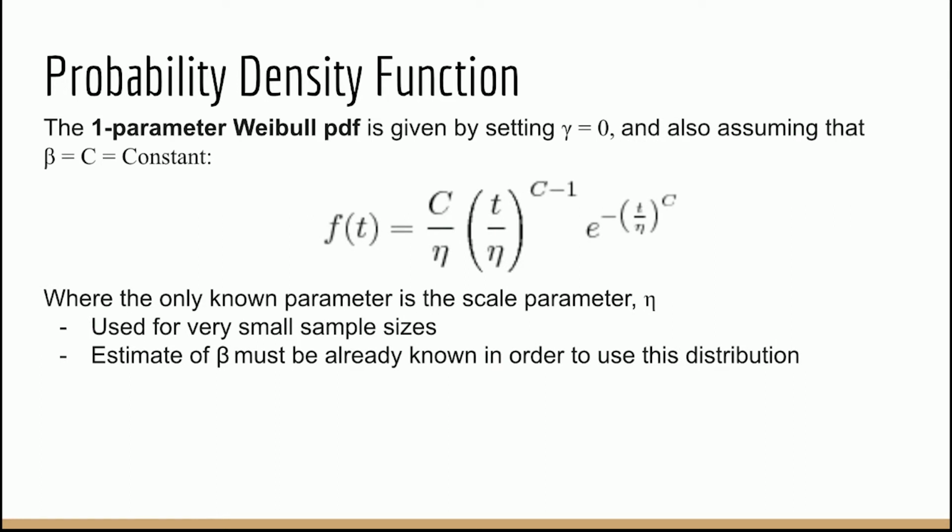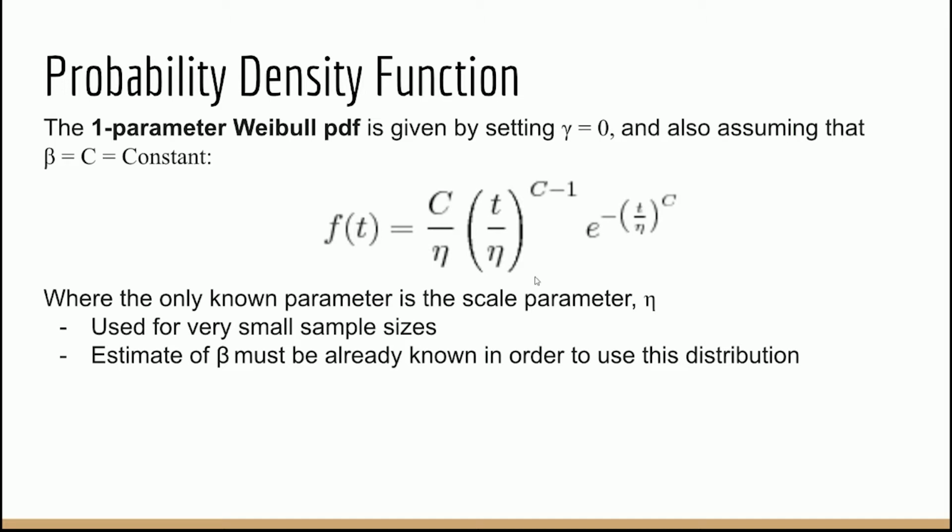For the 1-parameter Weibull PDF, it is like the 2-parameter one: gamma is set to 0 as well. For this one, we want a better understanding of the product or the subject itself, meaning that here beta equals c, or a constant. So f of t equals the constant divided by eta multiplied by (t over eta) to the power of c minus 1, multiplied by e to the negative (t over eta) to the power of the constant.